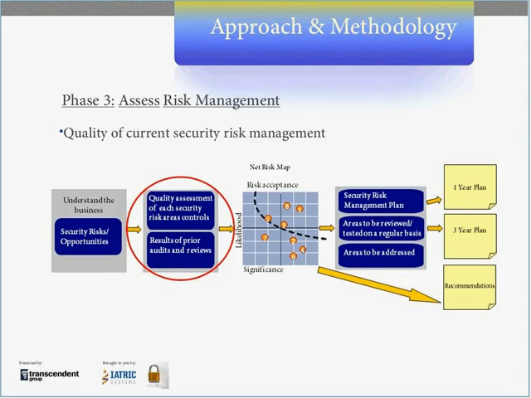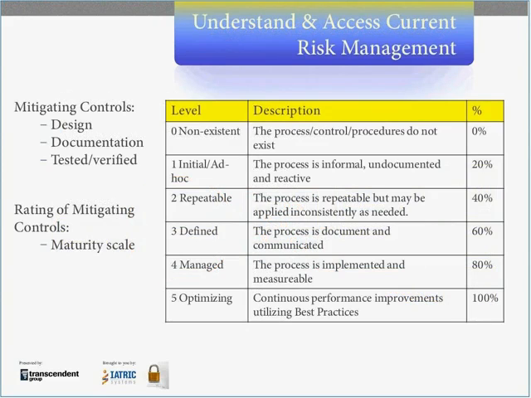Then we have the third phase, where we assess the current risk management in place for the identified risk areas. What do we assess related to the controls? We look at the design of the controls. Does it address the key risk? Is it manual?